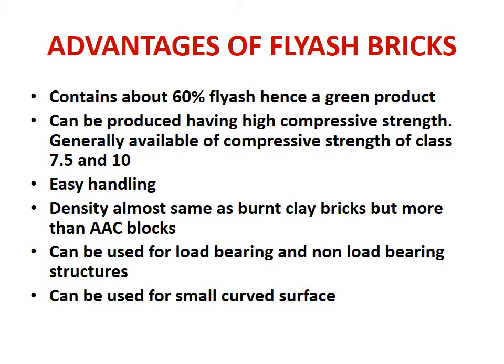If minimum strength of bricks is considered as 3.5, then with reference to minimum compressive strength, it is quite high. However, the bricks of 7.5 and 10 are also available.